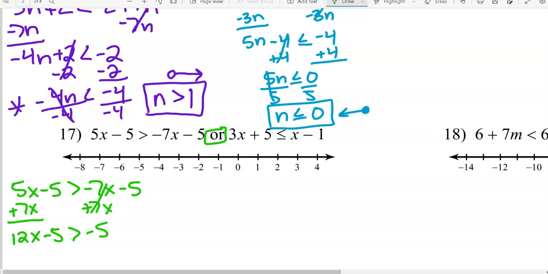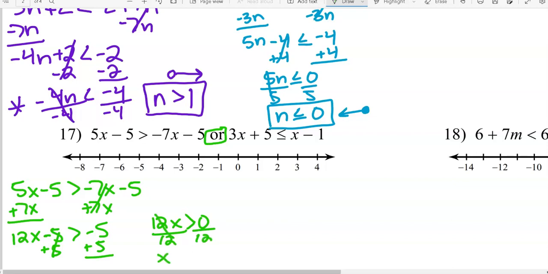All right, now what should we do? Add my 5. So we get 12x is greater than what? What's -5 plus 5? 0. Last step, divide by 12, and 0 divided by 12 is just 0.